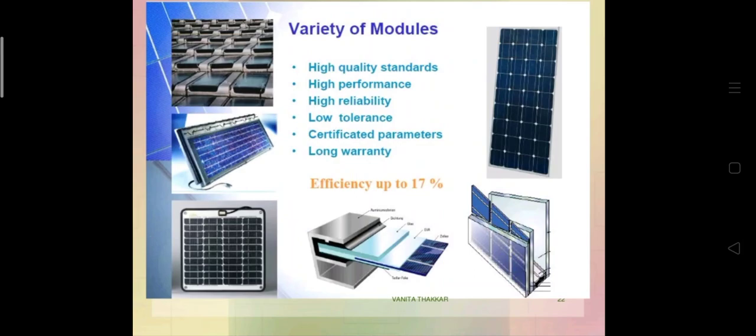And here are varieties of solar panels and modules: high quality standard modules, high performance, high reliability, low tolerance, certificated parameters, long warranty, efficiency up to 17%. These are the different types of modules.